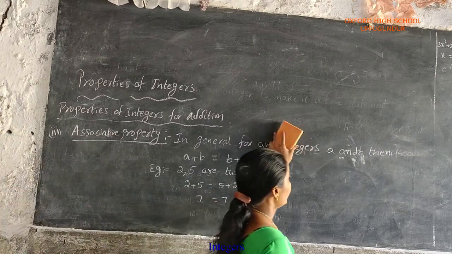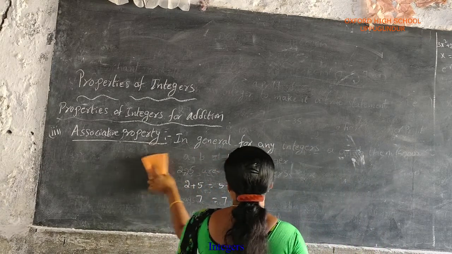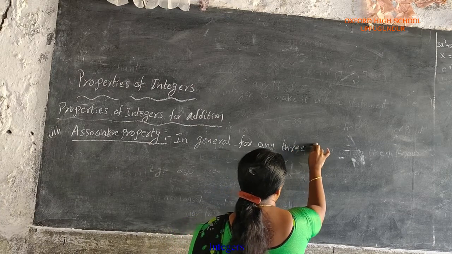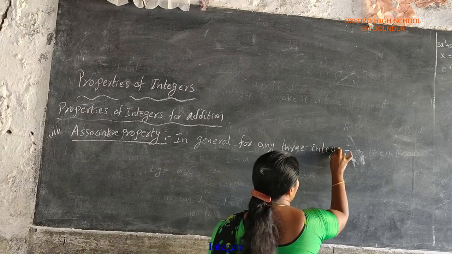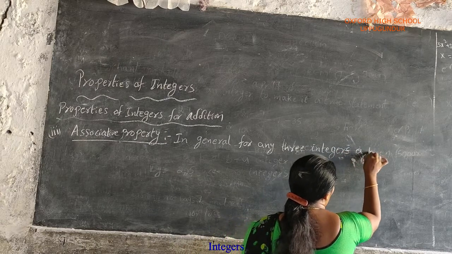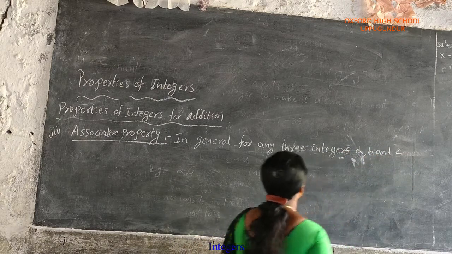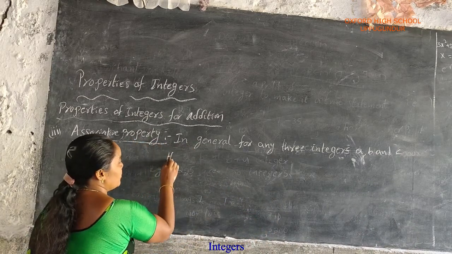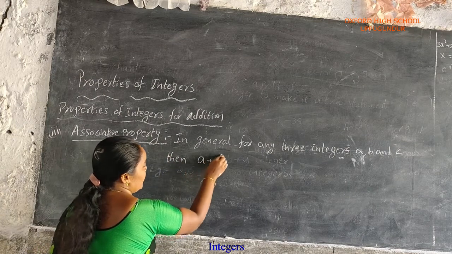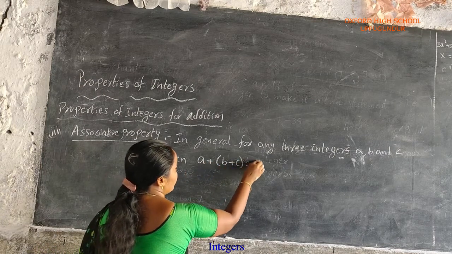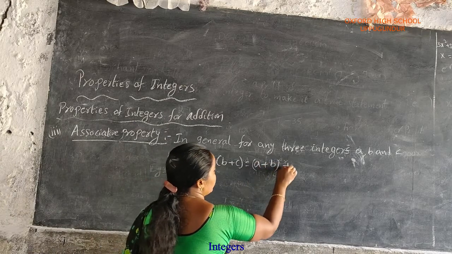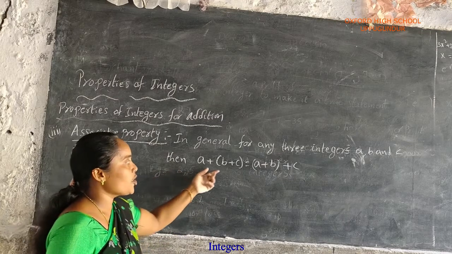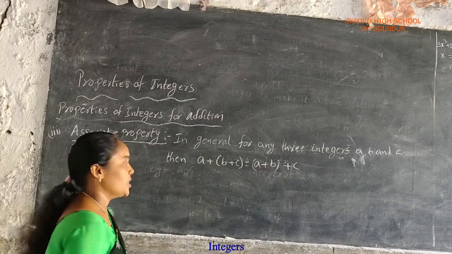In general, for any three integers a, b and c, a plus (b plus c) equals (a plus b) plus c.